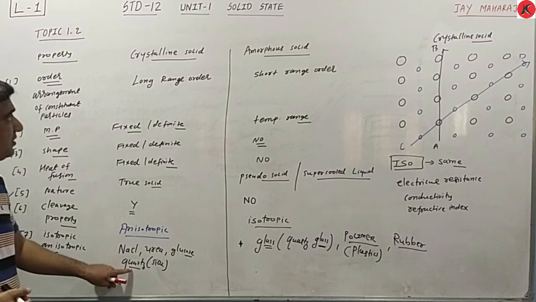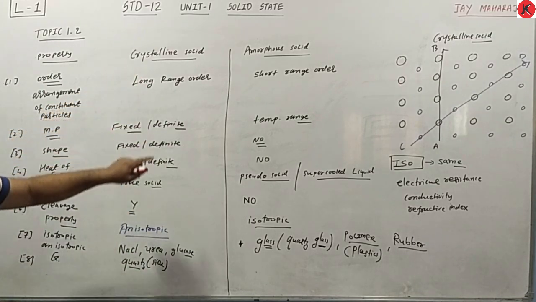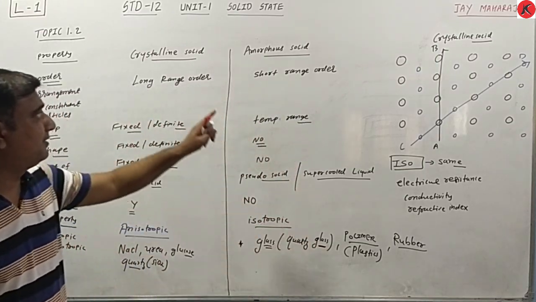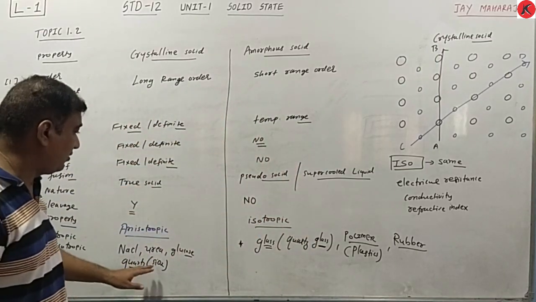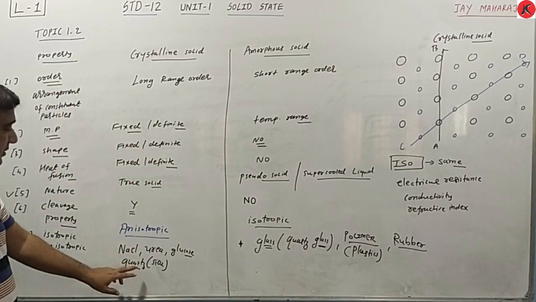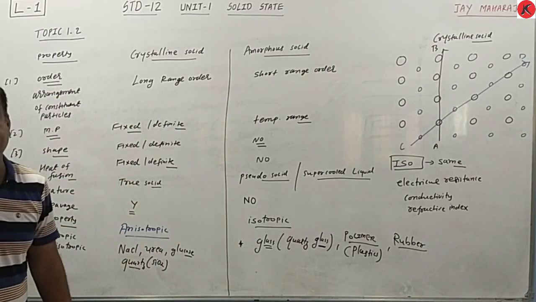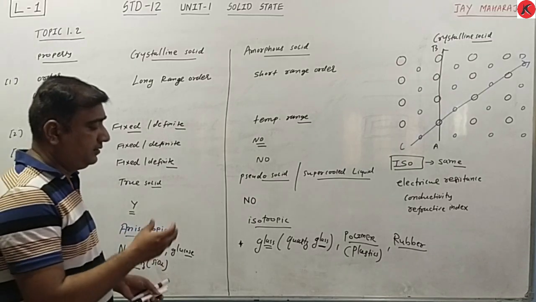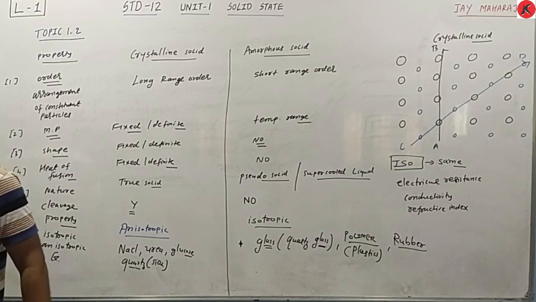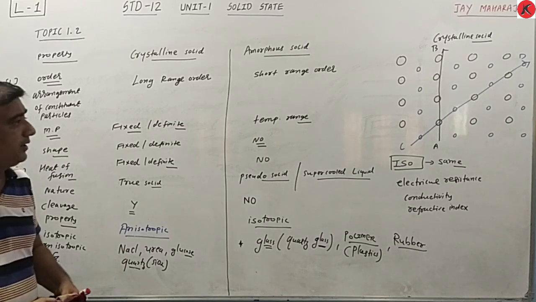So quartz is an example of crystalline solid, while quartz glass is an example of amorphous solid. Always remember, quartz glass is amorphous solid, quartz is crystalline solid. Now, these are the basic differences between crystalline solid and amorphous solid.